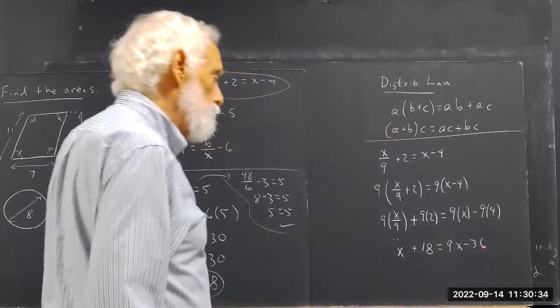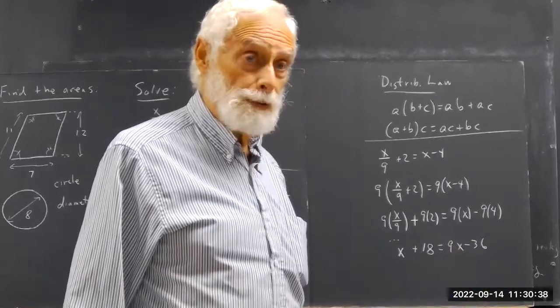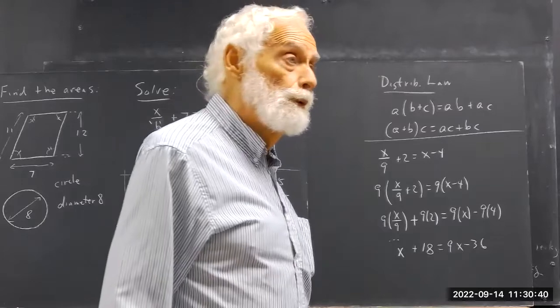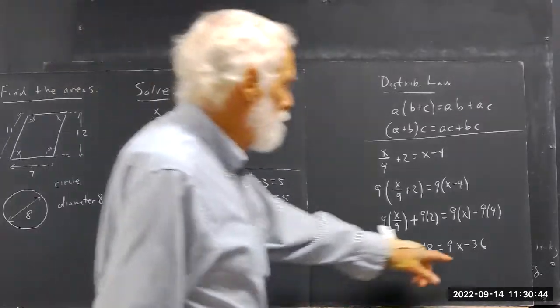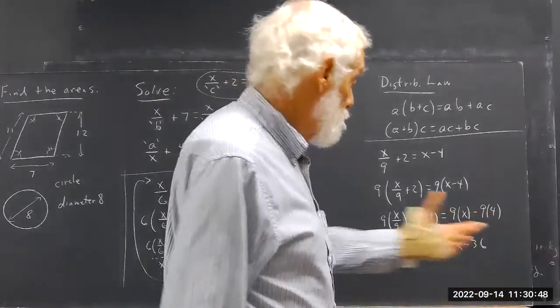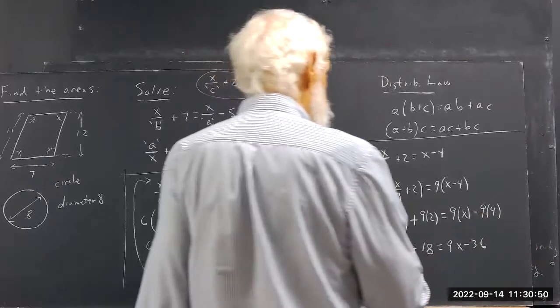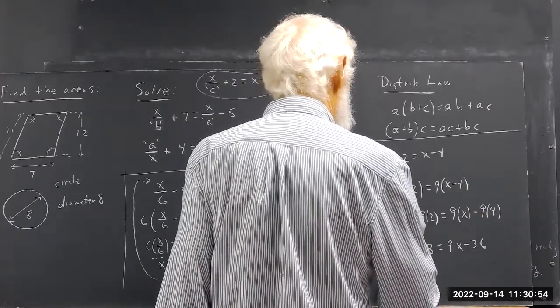But if we multiply everything out, we get X plus 18 equals 9X minus 36. Now, what do we do with this? Well, it's not quite as simple as this because we have X's on both sides and numbers on both sides. So we're going to get all the X's on one side. We're going to do a couple of steps.